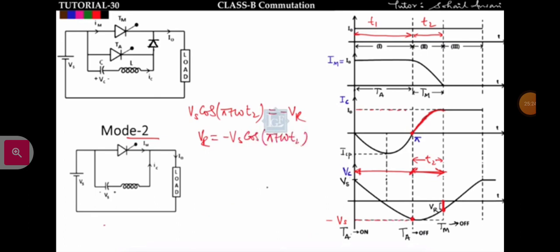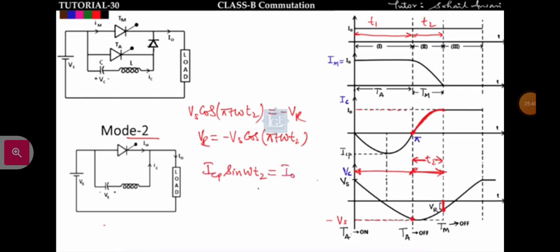Okay. Now in order to find t2, this is the time t2. So I can write ICP sine omega t2 is equal to I naught. See, the capacitor current increases from 0 to I naught in the range t2, and this capacitor current equation is ICP sine omega t2 is equal to I naught.